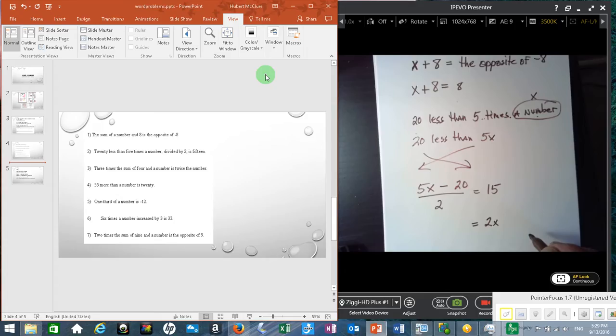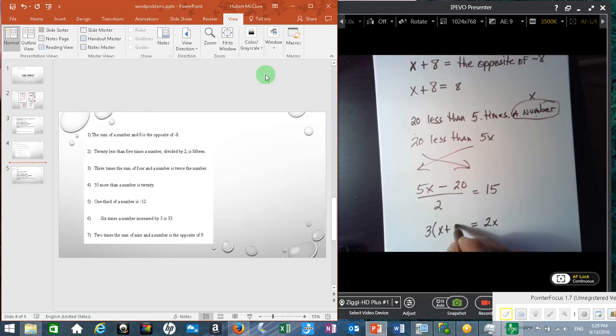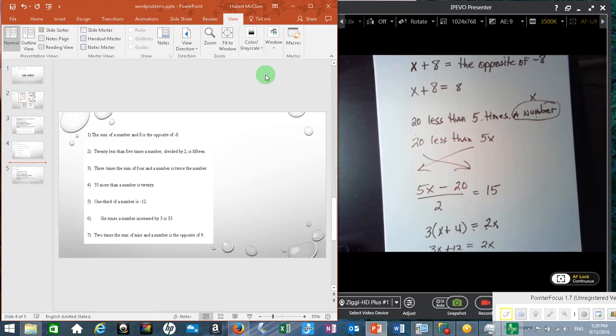So 3 times the sum of 4 and a number is equal to twice the number. So that's going to be 3x plus 12 is equal to 2x. Minus 2x, and x is going to be equal to negative 12.